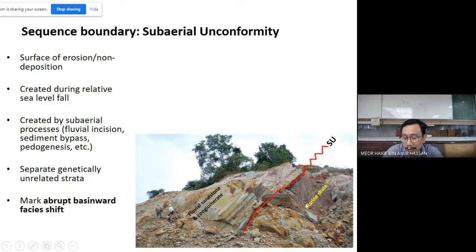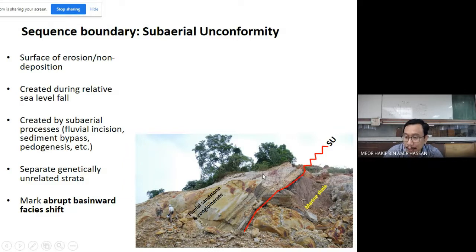Bawah ni marine, goes here, boom, fluvial. And you start thinking, hey, where's the delta front? It's not here. It's just marine, everything. So that is what is meant by abrupt, tiba-tiba je. And you have a facies shift, marine to fluvial. And it is basinward. It's not going from shallow to deep, but going from deep to shallow, right?